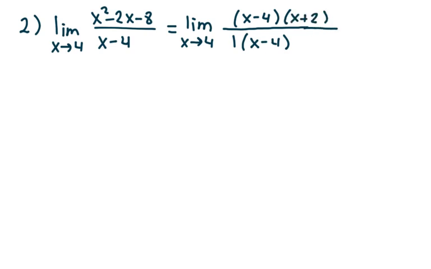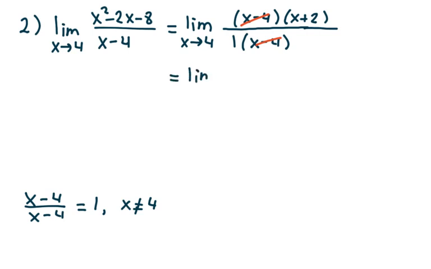And just like in the last example, we can cross off the x minus 4's. Now, you might ask why, and I'll do this down below. x minus 4 divided by x minus 4 is equal to 1 as long as x does not equal 4. And remember, when you take an expression and multiply by 1, the value doesn't change. And we're taking a limit, so x is approaching 4, x doesn't equal 4.